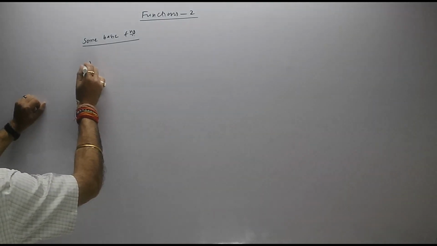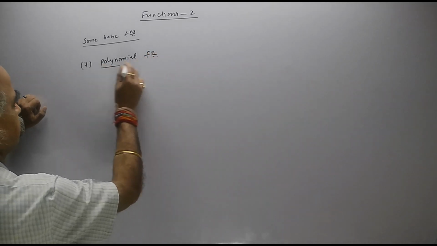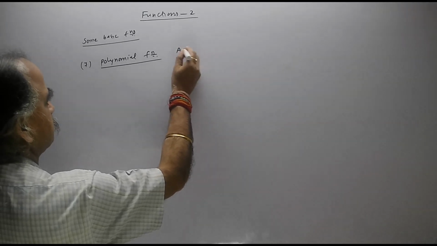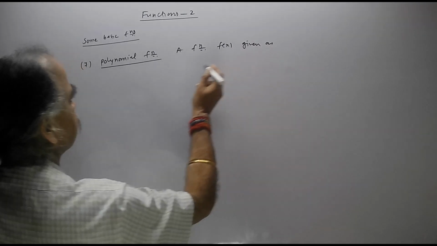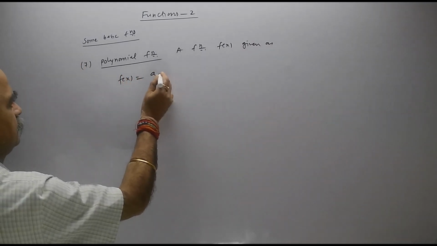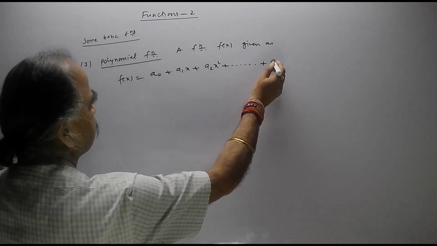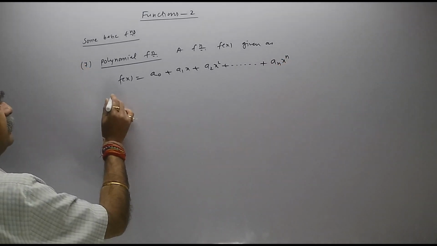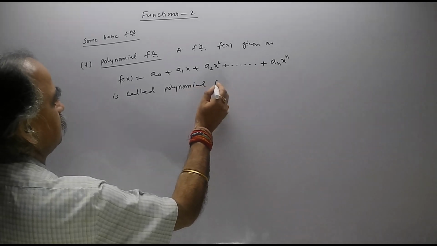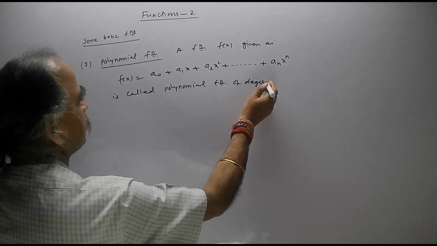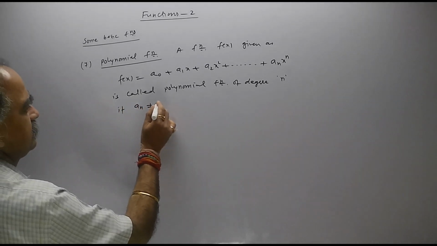Then next is polynomial function. A function f(x) given as f(x) is equal to a0 plus a1x plus a2x square and so on plus an x raised to n is called polynomial function of degree n if an should not be 0.